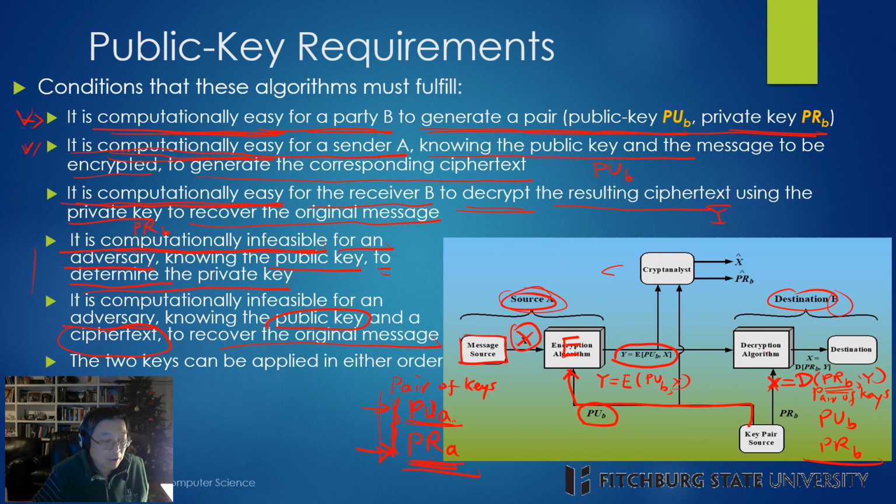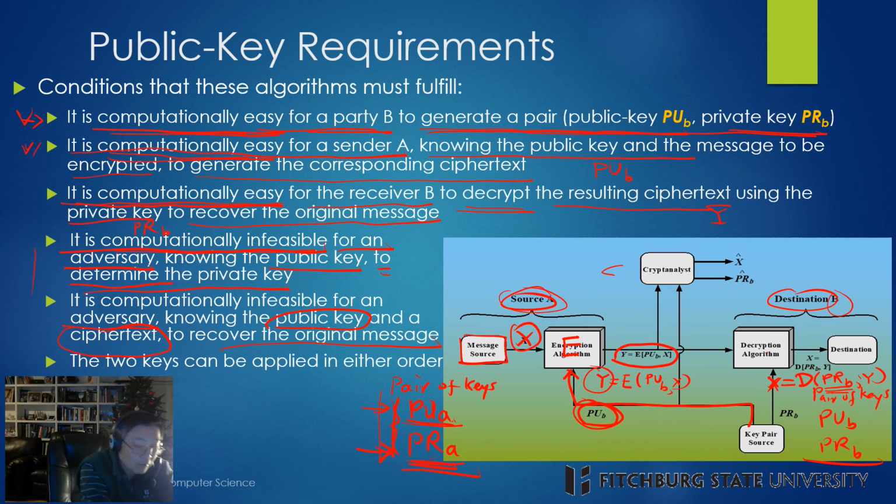Even if it only took 1,000 years to decrypt a message, that's computationally infeasible, right? No one's going to wait for 1,000 years. So if you know the ciphertext and only know the public key, you cannot decrypt a message. The only time you can do the job is if you also know the private key.